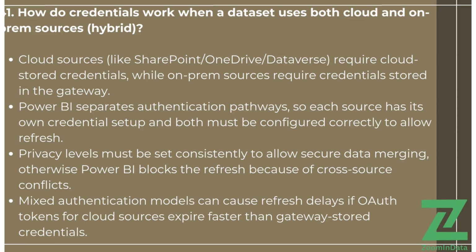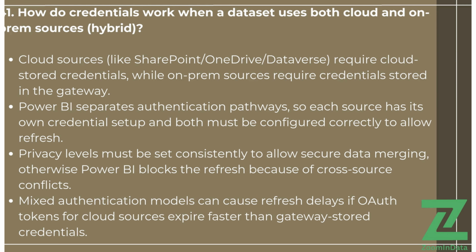41st question. How do credentials work when a dataset uses both cloud and on-prem sources, hybrid? Cloud sources, like SharePoint, OneDrive, or Dataverse, require cloud-stored credentials, while on-prem sources require credentials stored in the gateway.